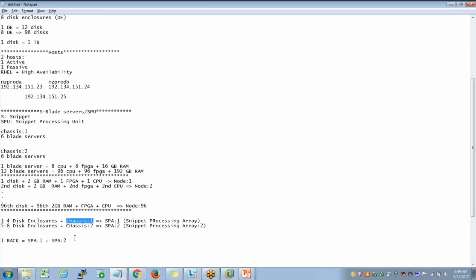Now, you don't really have to buy the full rack. If you buy the half rack, you get only SPA 1. SPA 1 means you get only 4 disk enclosures plus 6 blade servers. 4 disk enclosures is 4 into 12, 48 disks. 6 blade servers is 6 into 8, 48 CPU, 48 FPGA, 96 GB.